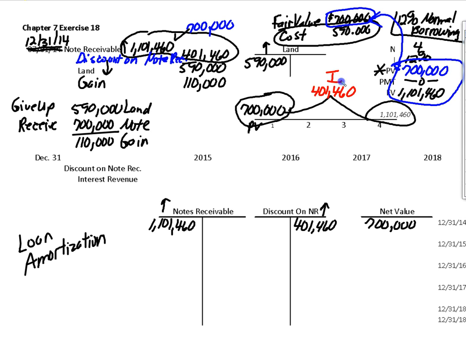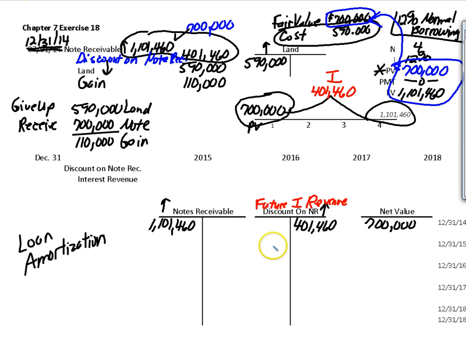So disregarding inflation, the difference between a value today and values in the future, that difference is interest. So this discount on notes receivable represents our future interest expense. Future interest revenue. I keep thinking we're the debtor, but we're not. We're the creditor. Okay, so that's our future interest revenue. Okay, so that's at the end of 2014.